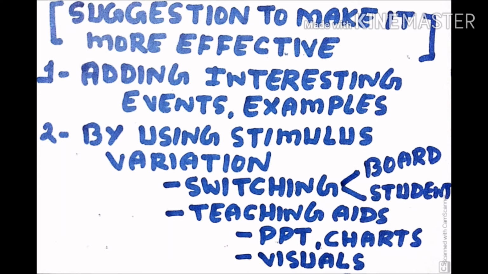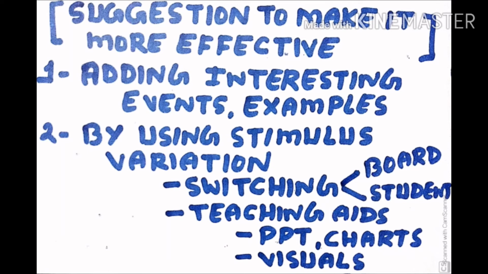Stimulus variation means a teacher must take some rounds in the classroom, sometimes not sticking to a particular point. They may have some variation in standing as well as in switching. Sometimes they may write something on the board, then face the students.